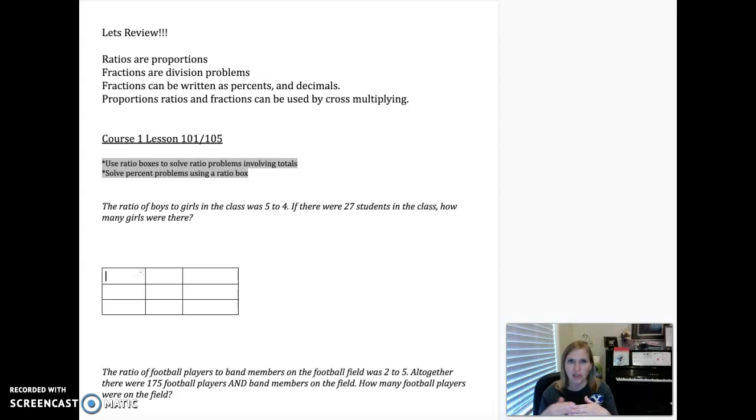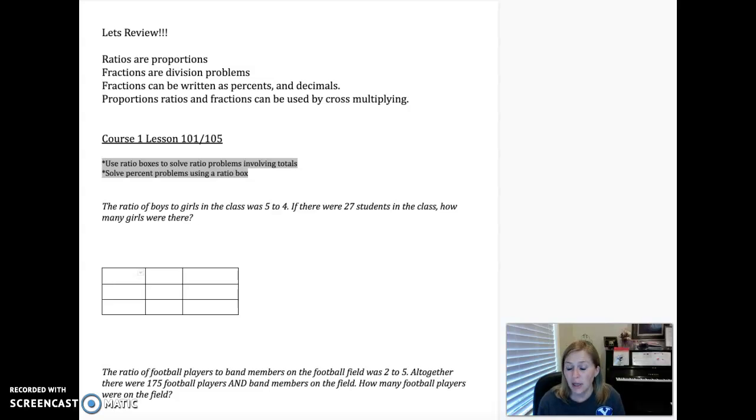We say, what does the fraction line mean? It means divide. Okay, fractions, we can change them into percents. We can change them into decimals. Our calculators can help us do that. Our 7th and 8th graders, our 6th graders, we do that by dividing. And proportions and ratios, we've been doing cross multiplication, so we're going to do that today.